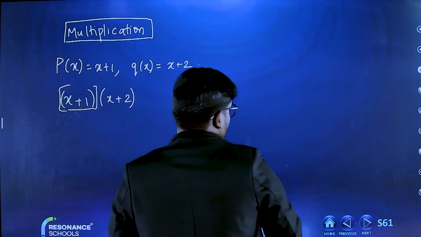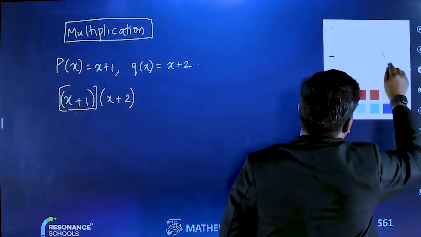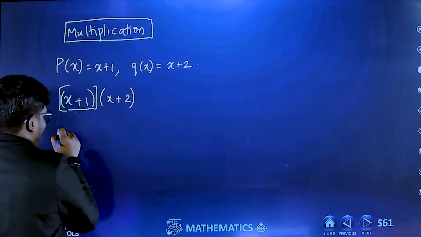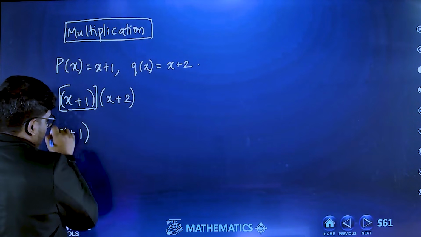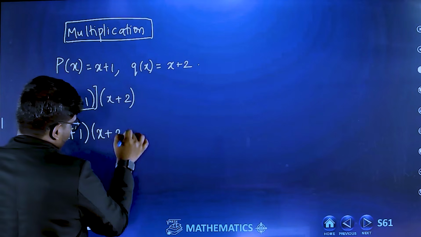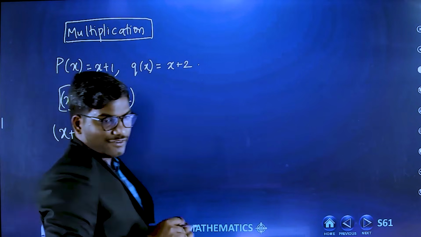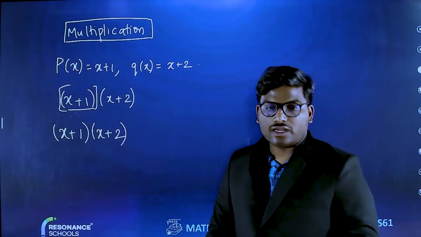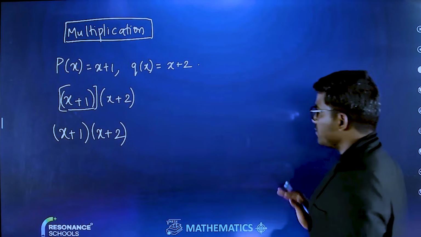Now, when we have x plus 1 into x plus 2, the first idea is that imagine this is some kind of normal multiplication in terms of numbers.